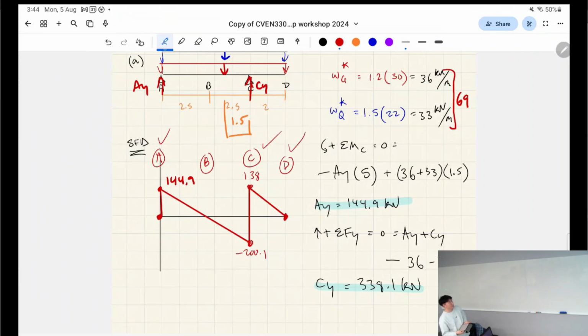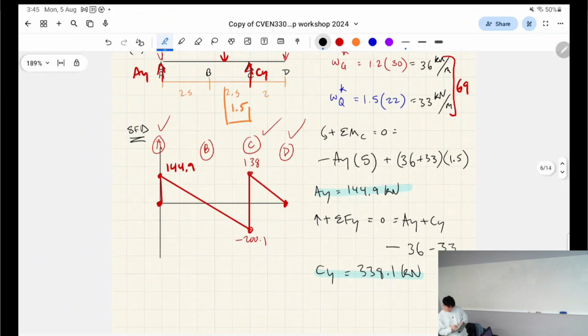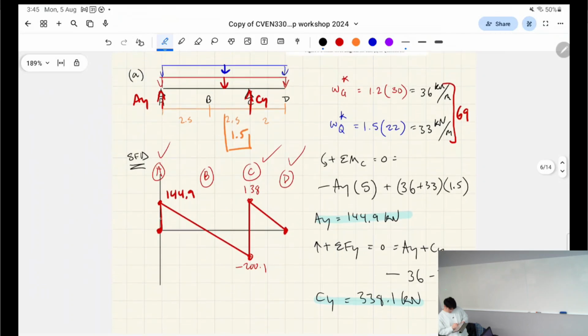So we know what A, D, and C are, right? But is point B going to have a shear force of 0? Remember, point B was 2.5 meters away from the left edge. You can't exactly tell, right? You can't assume it's 0. How would you find this? Well, you can use linear algebra, right?